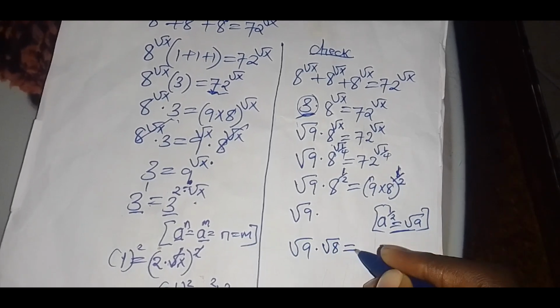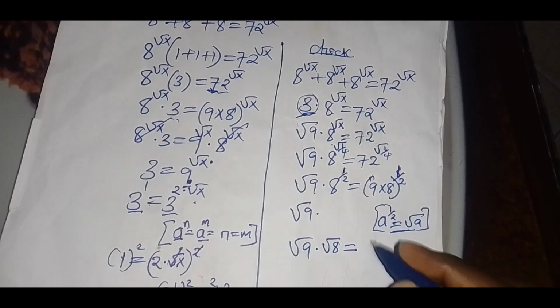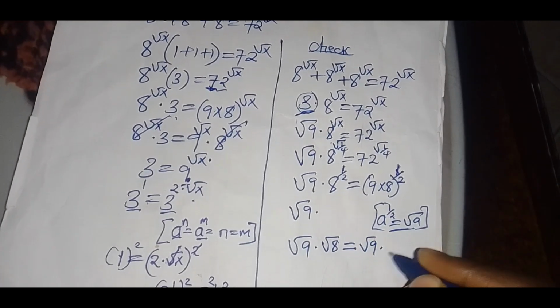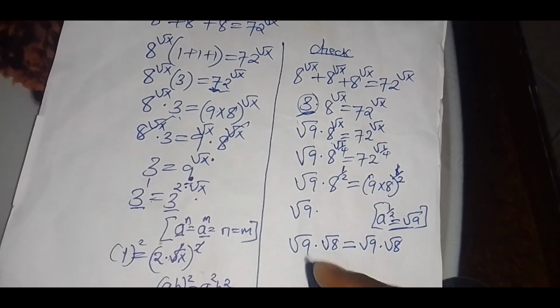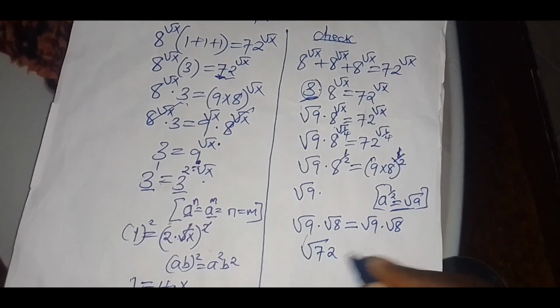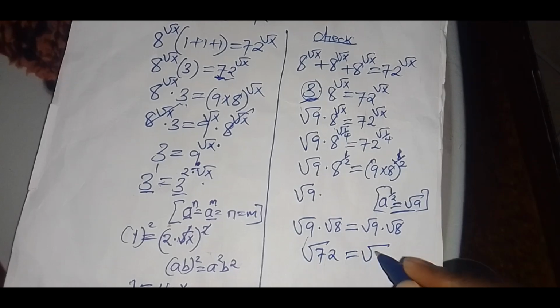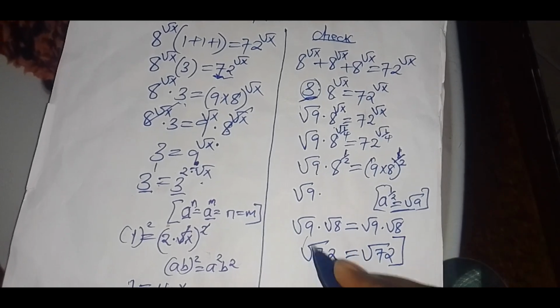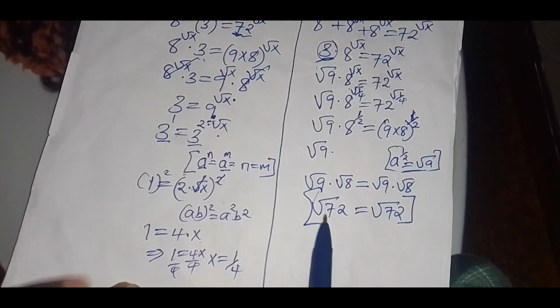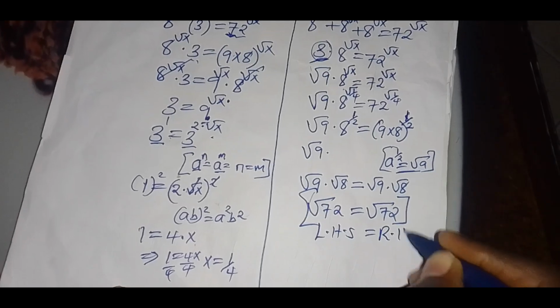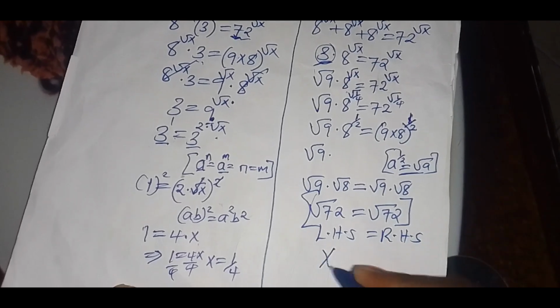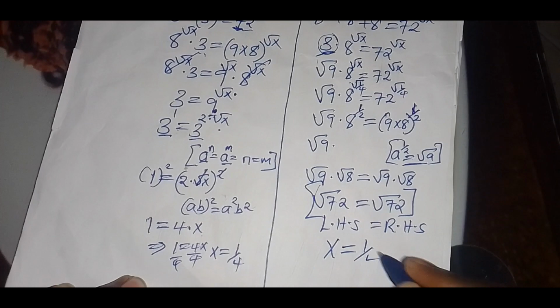This is equal to the same case here: the square root of 9 multiplying by the square root of 8. If you multiply this, you're going to have the square root of 72, which is equal to the square root of 72. So you can clearly see that the left hand side is equal to the right hand side, and that verifies that the value of x is equal to a quarter.